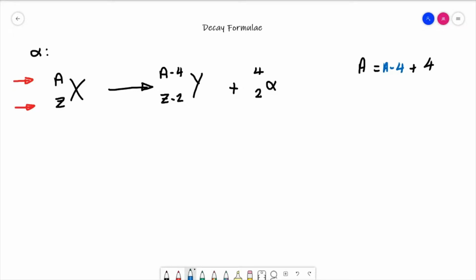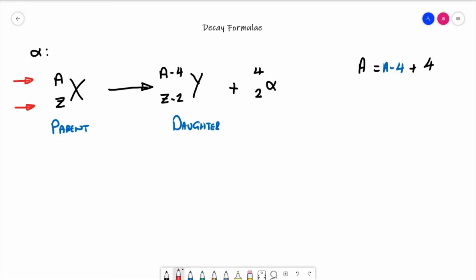The technical terms for these nuclei are the parent nucleus, which is the one that we start with before it's decayed, and the daughter nucleus, which is the one that it decays into. Those are just some technical terms that we can use.